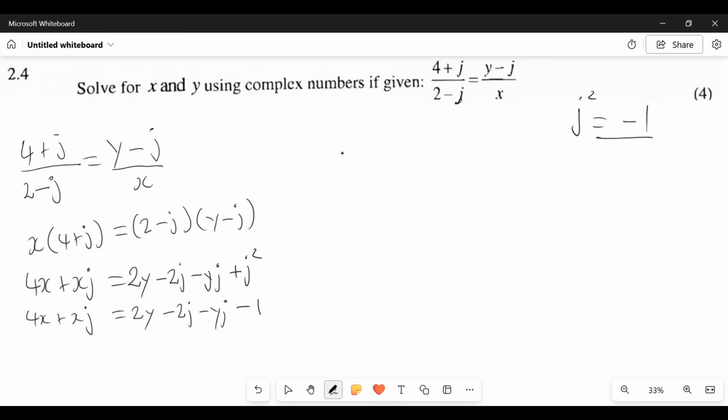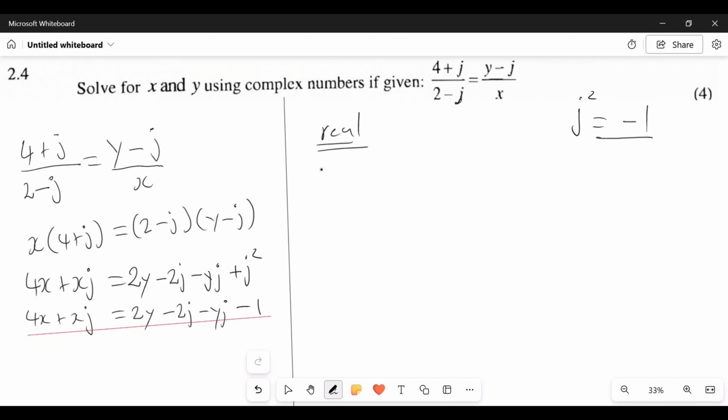So let's group. When you group, guys, we're going to consider this expression here. As you can see, there's no simplification required. So we're going to group based on real numbers and imaginary numbers. So let's start with real numbers, right? You just write real. Underneath there, you write only the real numbers, on the left hand side and on the right hand side.